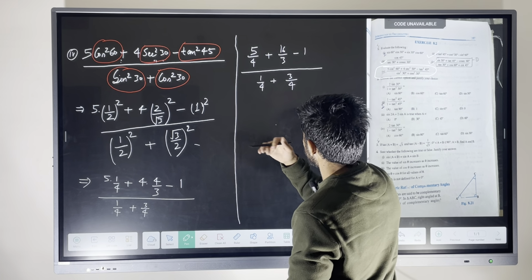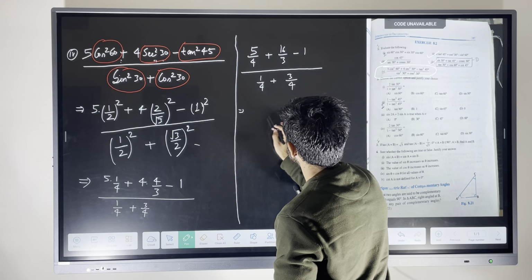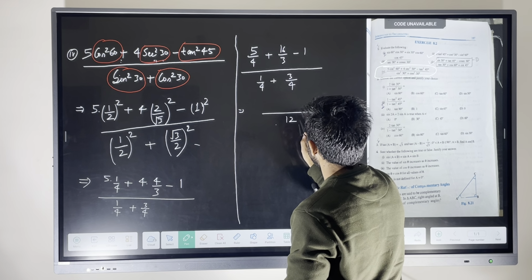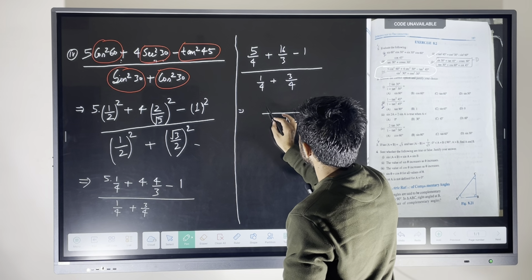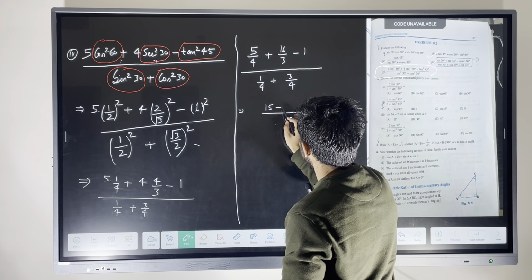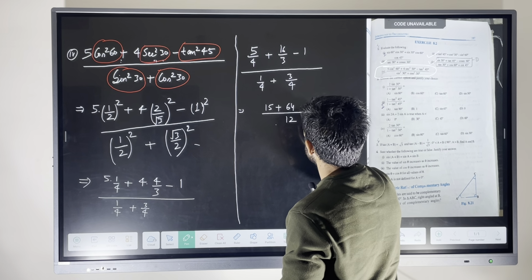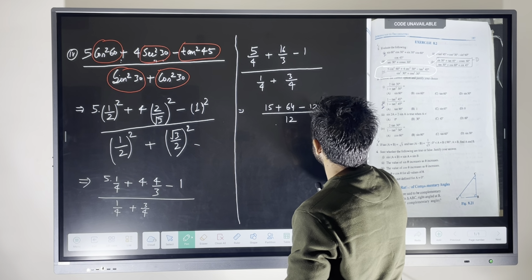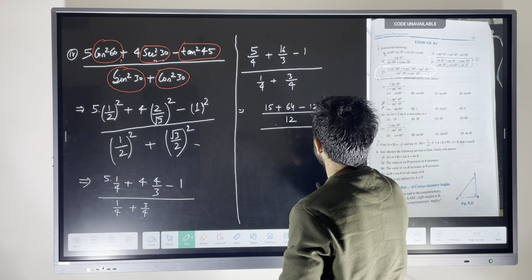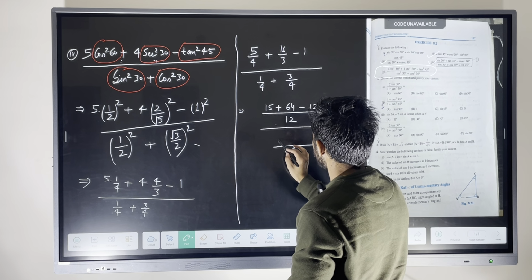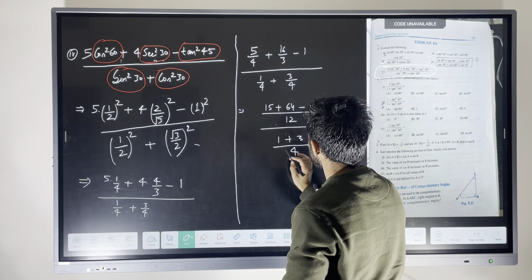Now take LCM. 4 and 3, LCM will be 12. So it will be 5 times 3 is 15 plus 16 minus 12. Here LCM will be 4, 1 plus 3.